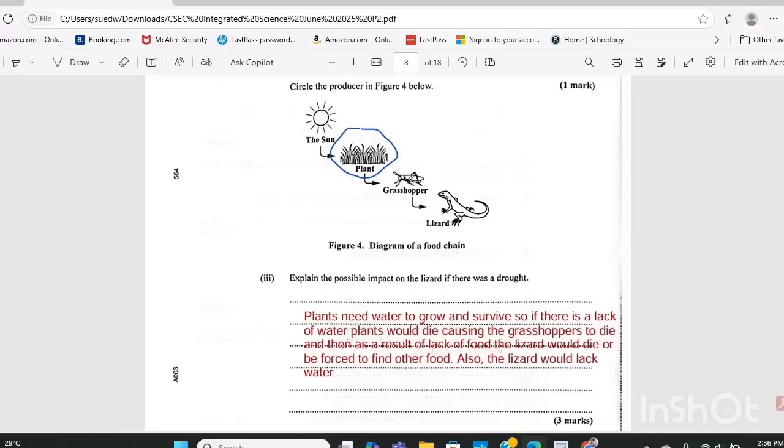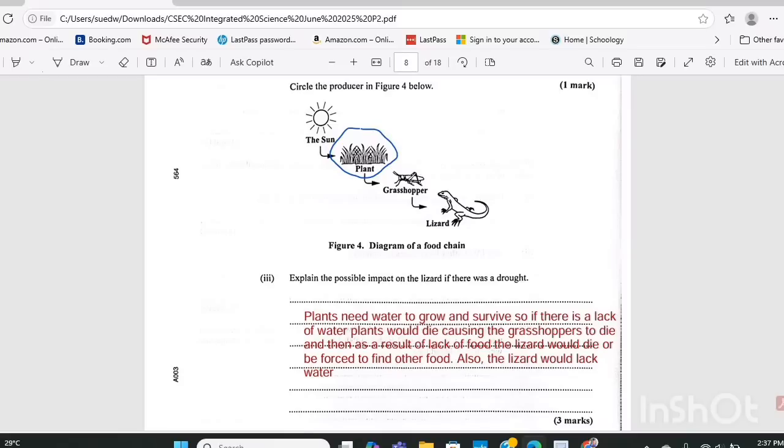I think CXC would have to give you the mark because that is a possible impact on the lizard if there was a drought. It doesn't mention anything linking back to the plant or the grasshopper. So if you just said that the lizard wouldn't have any water to drink and died as a result, I think that would be worthy of marks, right? But CXC has the mark scheme and we are yet to see that. So let us see. And I would say no, because maybe they're looking for a deeper explanation, right?